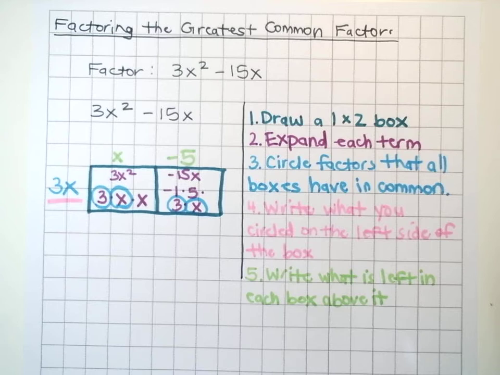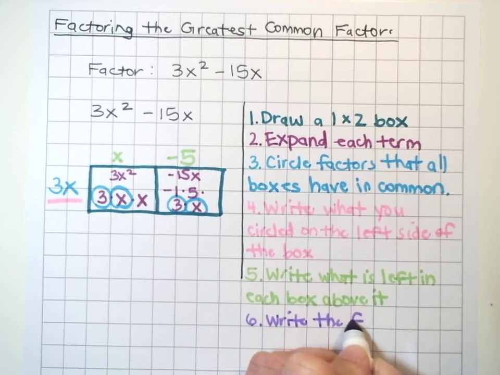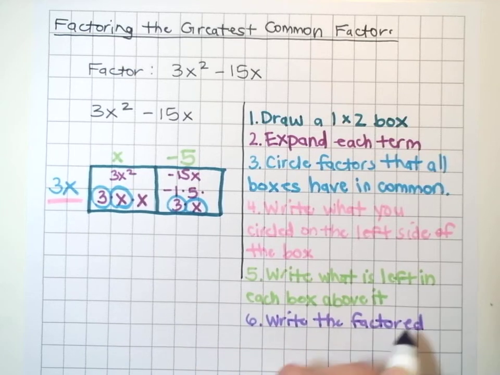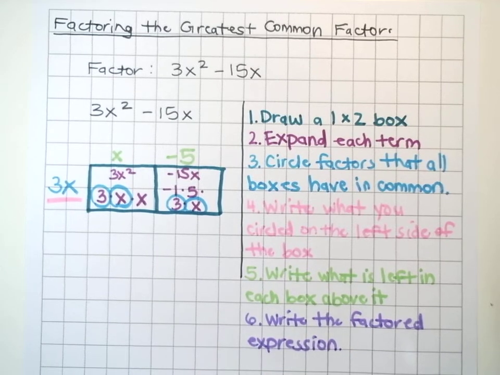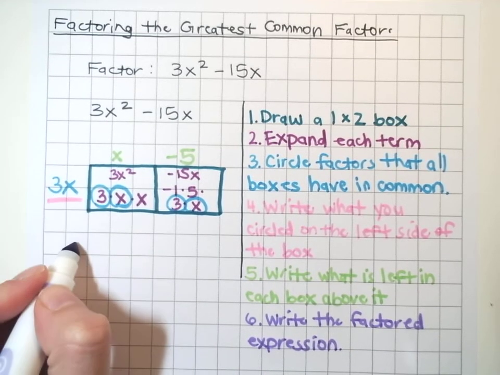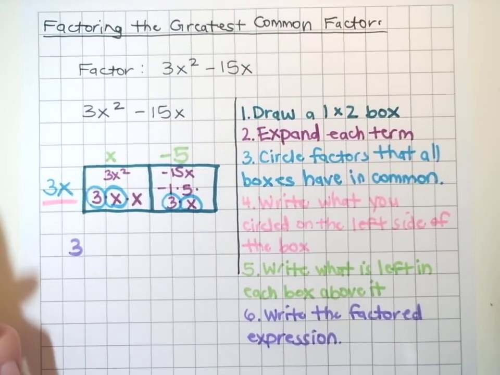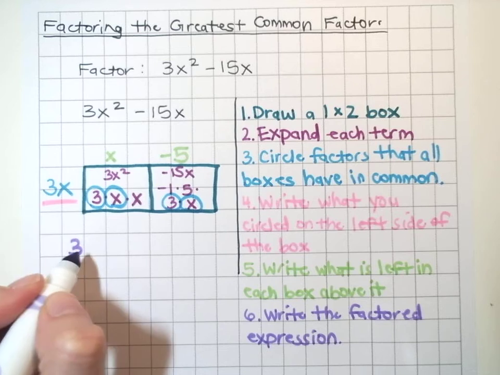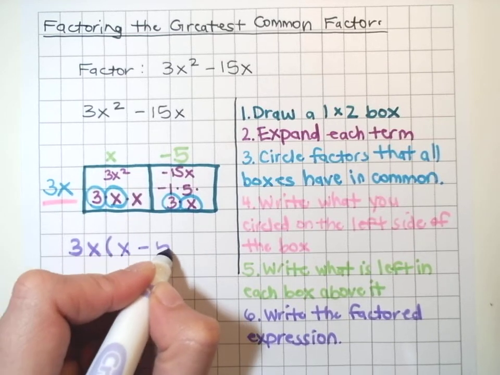So then the last step is to write the factored expression. 3x squared minus 15x, we know, factors to 3x times x minus 5.